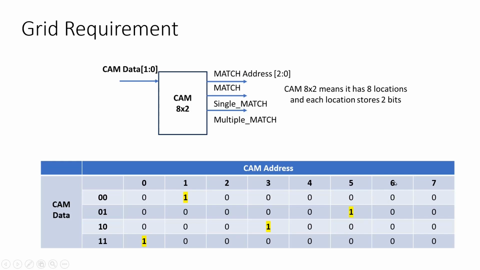Another observation: in columns 6 and 7, nothing is written at those addresses. Even at address 4 and address 2 we have not written anything. So in a nutshell, some of the CAM locations are empty, and it is possible that some data combination is not written at all in the CAM memory.